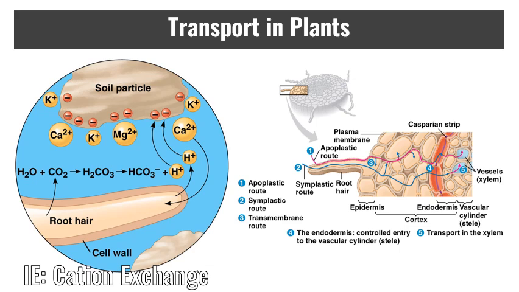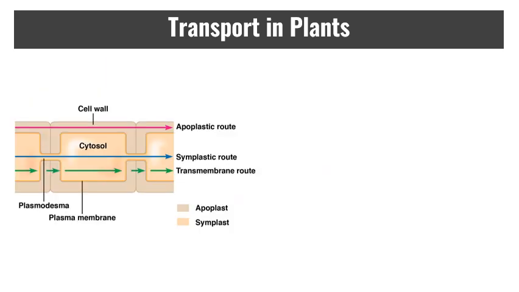Okay, but the routes within, there are a variety. It can flow through the cell wall completely. It can flow through the plasmodesmata or the symplastic route, or it can go back and forth. Okay, remember the cell wall is not a rigid structure, it's a network of sugars. So we can have lots and lots of transport in a variety of ways through plants.